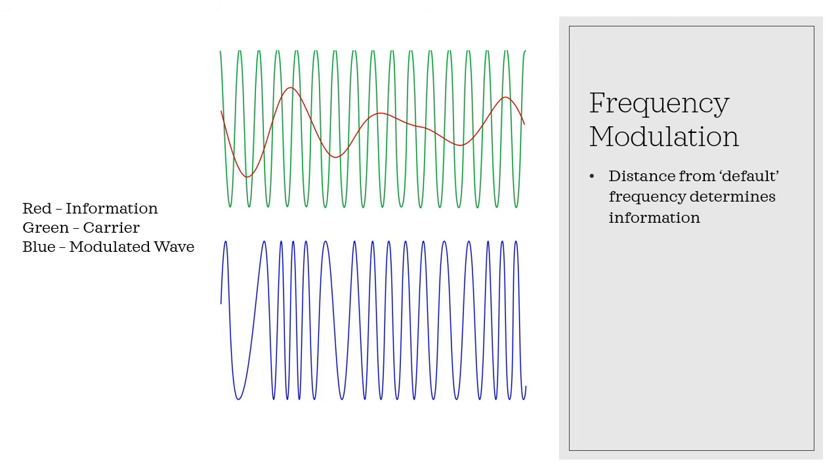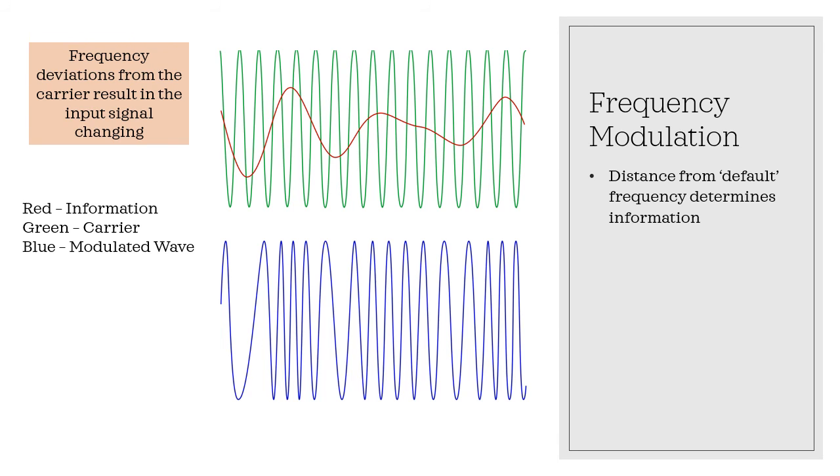And that's basically the idea behind that. The change in frequency results in a change in our information signal, both up and down. So frequency deviation results in input signal change.